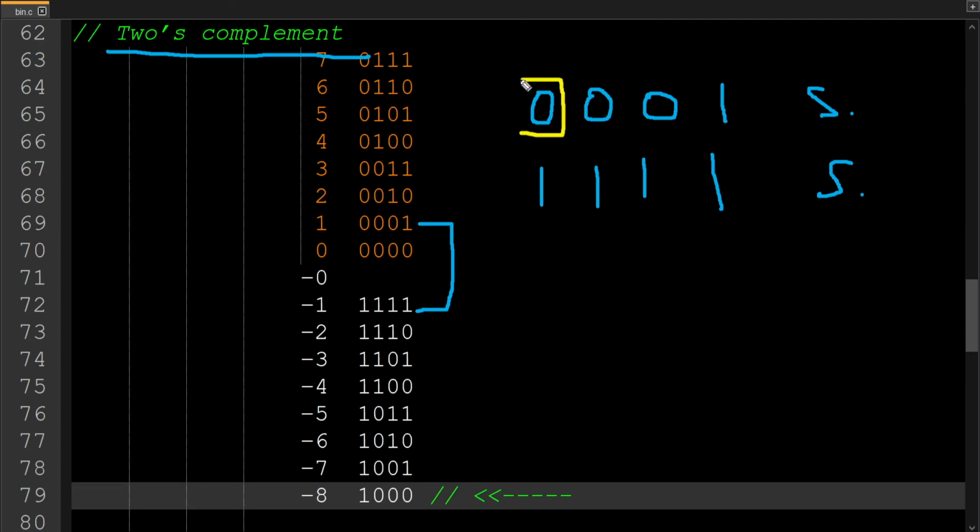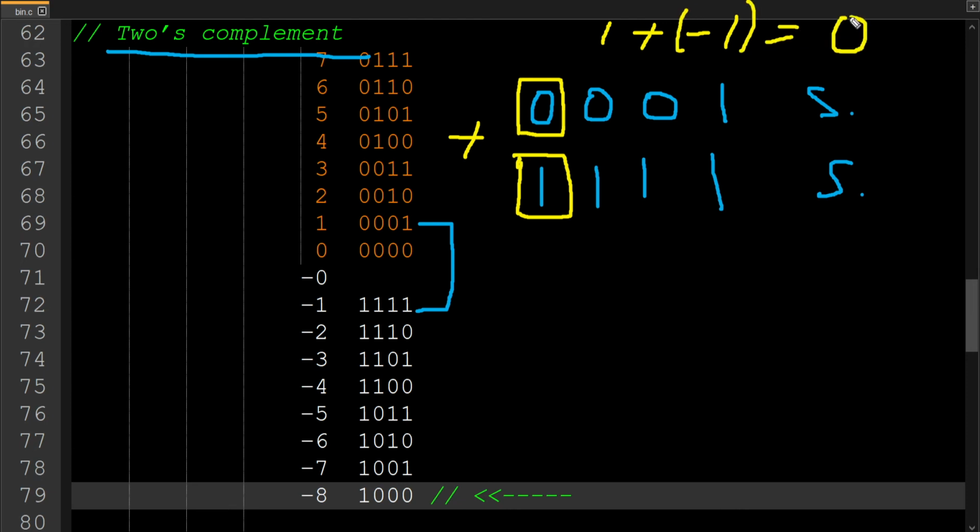It means that our first bit is a sign bit, so it doesn't represent a number, and we can't influence it. So the thing is that if we take 1 plus -1, we know that it should give us 0.